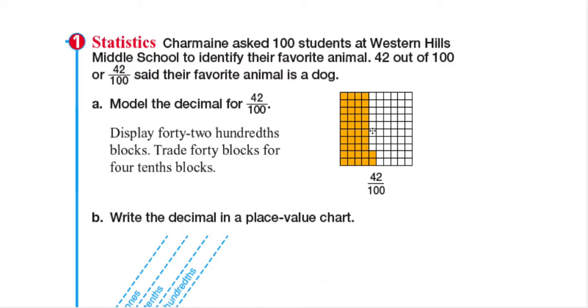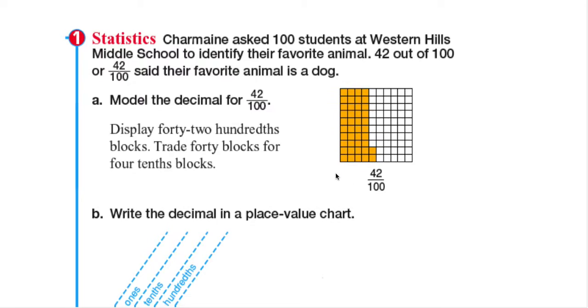If you look at this one, this is a hundredths block, meaning that there are 100 little squares inside this block. Since we want to find the decimal of 42 over 100, we shade 42 of the squares inside that block, which is 42 over 100. And that's how you model the decimal 42 over 100.